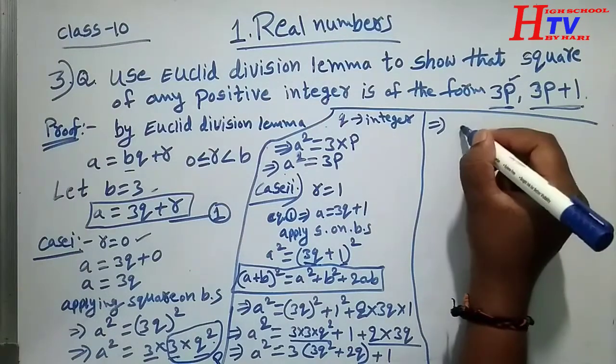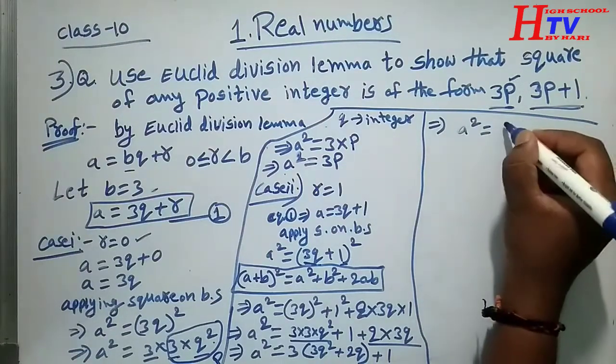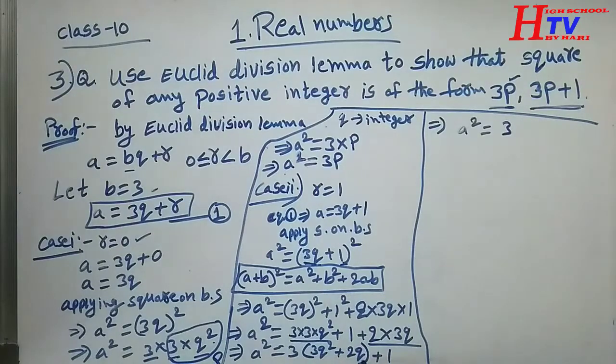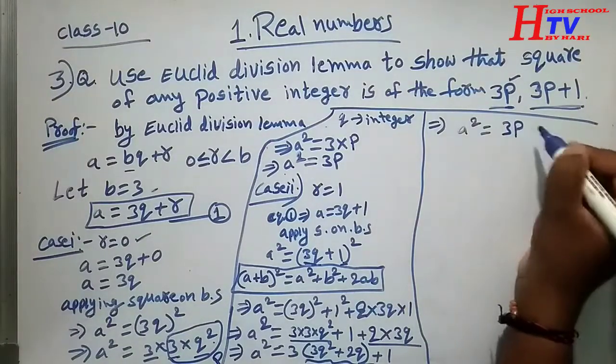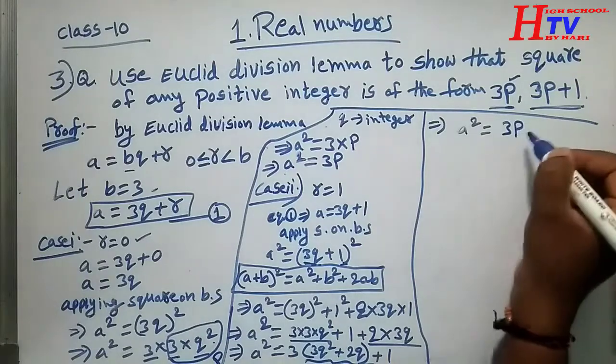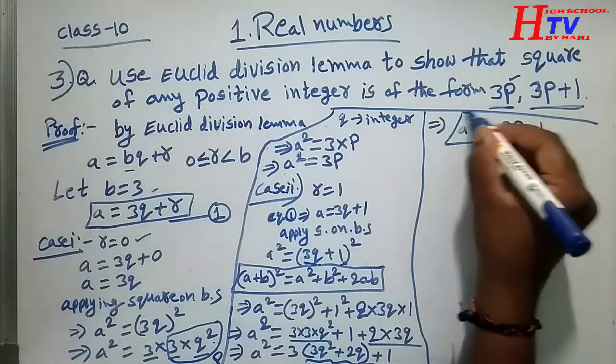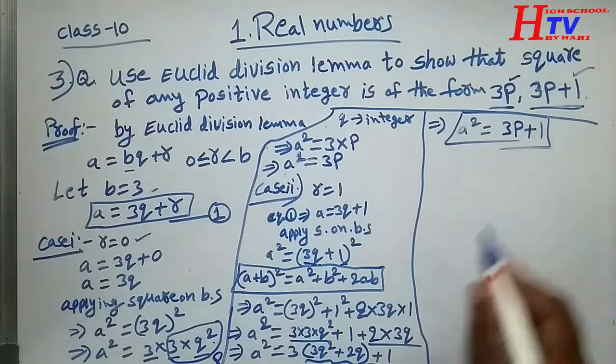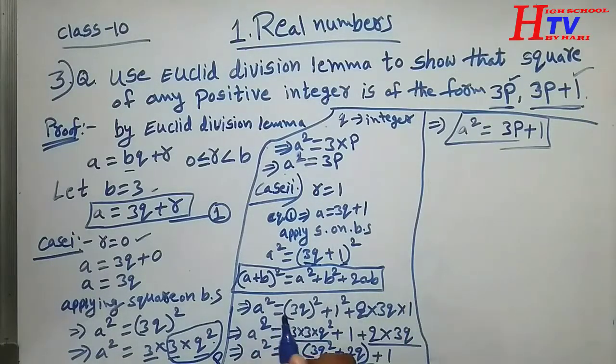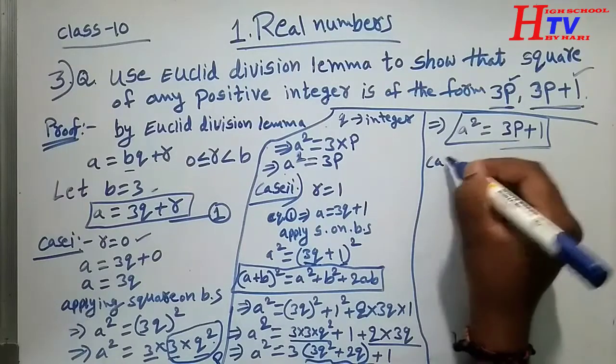That implies a square equals 3 into something. Here q is an integer, 2 is also an integer, 3 is also an integer. Integers plus integers, we get an integer only. I am considering this total integer as p. 3 into p is 3p, plus 1. A square equals 3p plus 1, it is the second one. Second one proved.